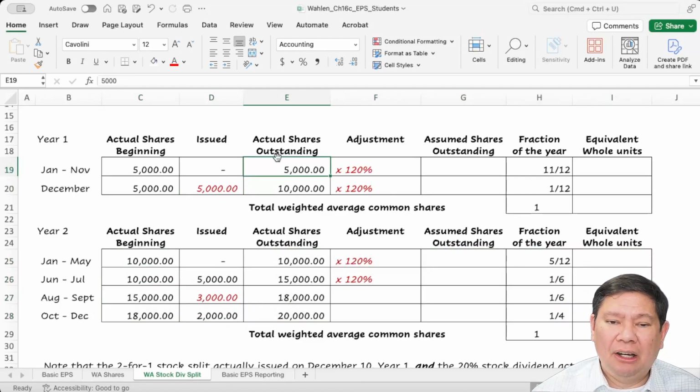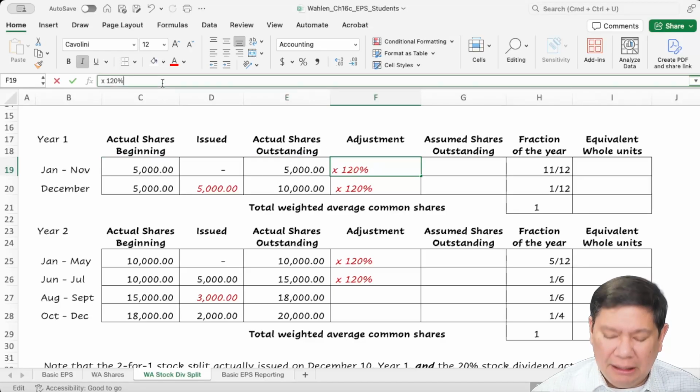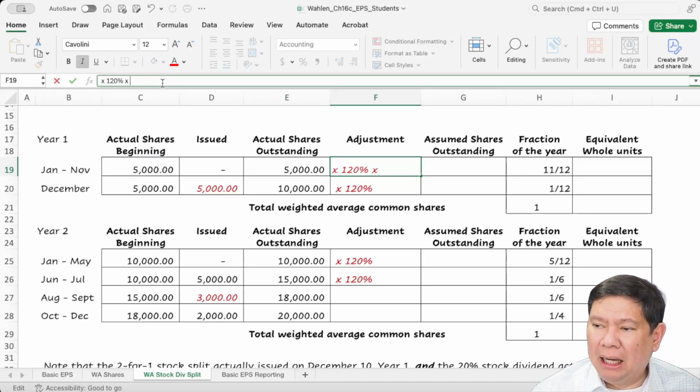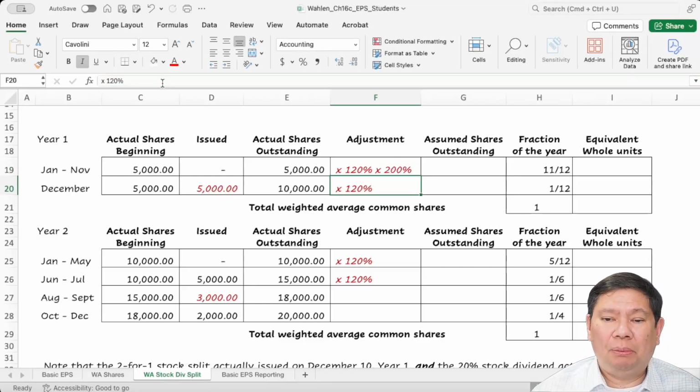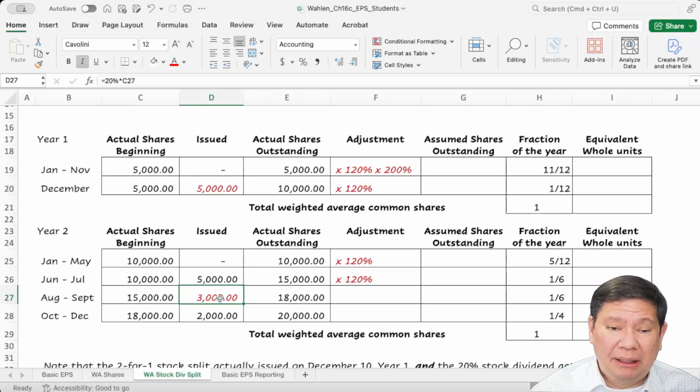The one that is not affected by the stock split is January through November, so we have to adjust that. We have to multiply by 200% because the stock split is 2 to 1. So those are the adjustments that we need to do for the stock dividend, 20%, and the stock split, 100%.